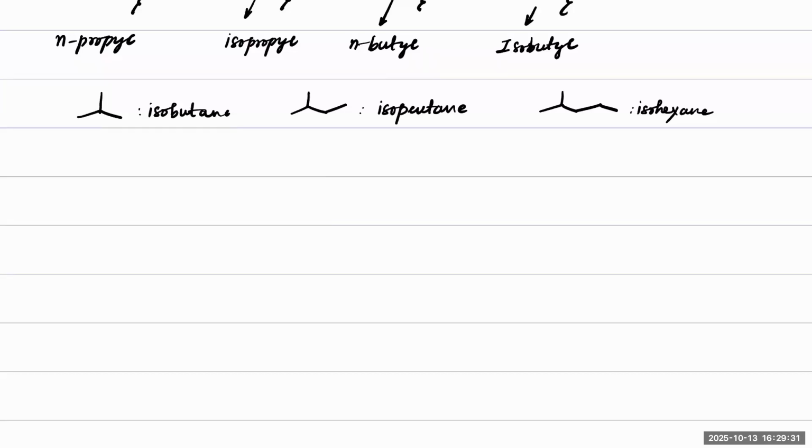When it comes to isooctane, first you have to write a 5-membered chain here, 1, 2, 3, 4, 5. Then on the second position we should have 2 methyls, and on the last position we should have 1 methyl. So then this will become isooctane. The questions on isooctane are very important.